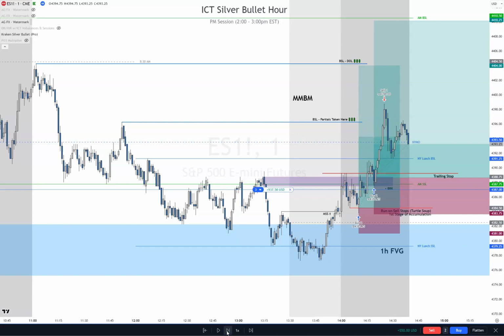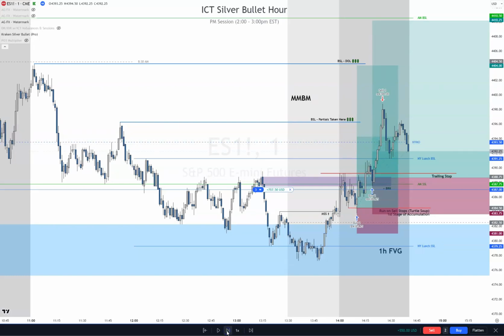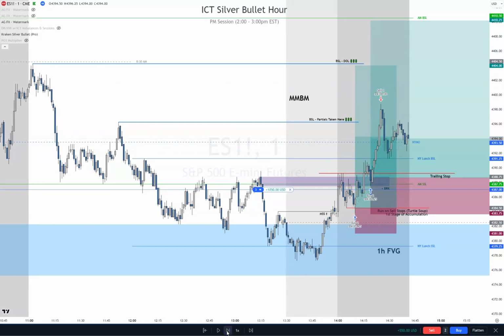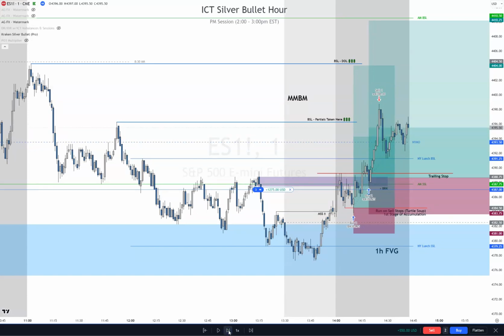For me, this has been a high resistance liquidity run. It's just not running towards it as fast as I would like.